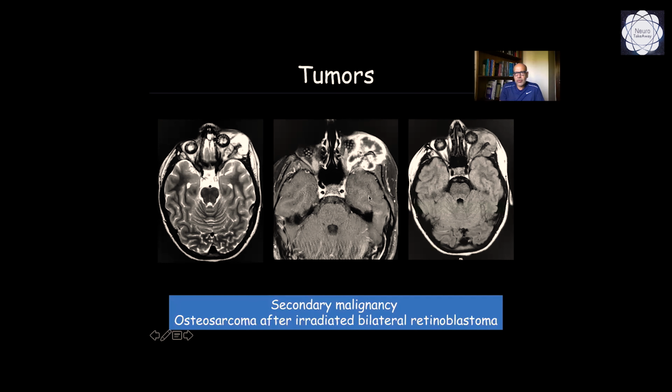These patients with bilateral retinoblastoma have a genetic alteration that makes them more vulnerable to the development of secondary tumors.